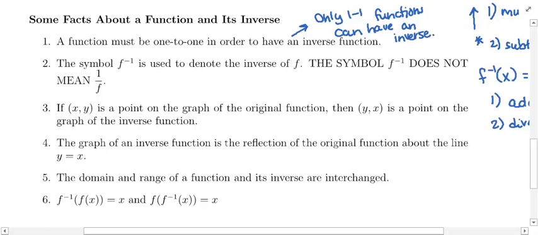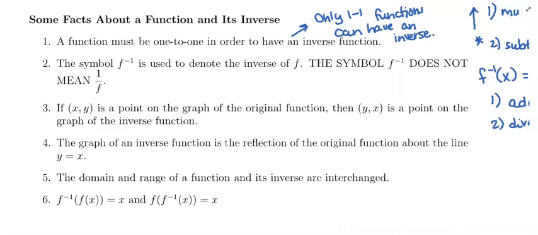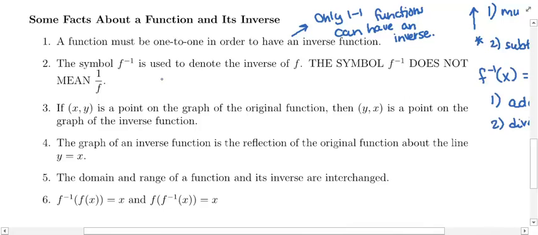Number 2, the symbol f inverse is used to denote the inverse of f. The symbol f inverse does not mean 1 over f. Why am I bringing that up? Well, you've probably seen this before. If you have a variable, not a function name, raised to a negative power, like x to the negative 1, it is the same as 1 over x.